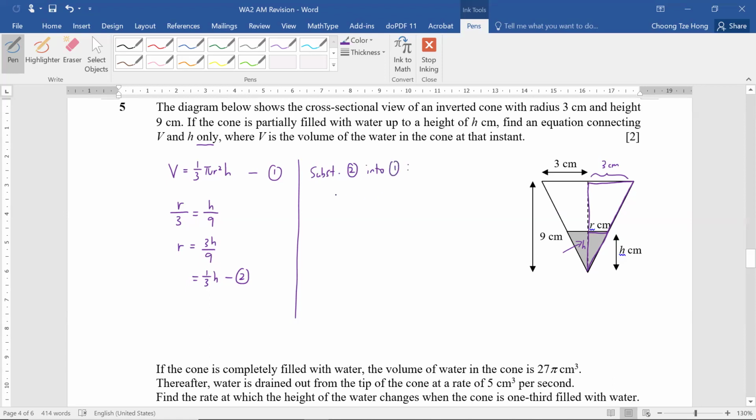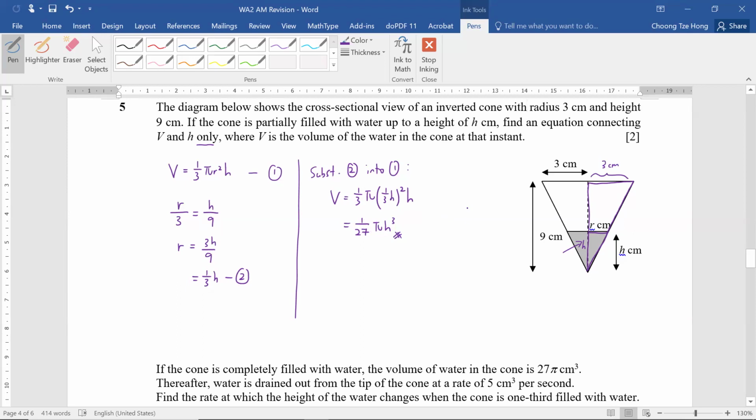We will get V equals 1/3 pi R squared, so 1/3 pi times (1/3 H) squared times H. Over here (1/3) squared gives 1 over 9. 1 over 9 times 1/3 gets 1 over 27 pi H cubed. So this will be the answer for the first part of the question: V equals 1 over 27 pi H cubed.